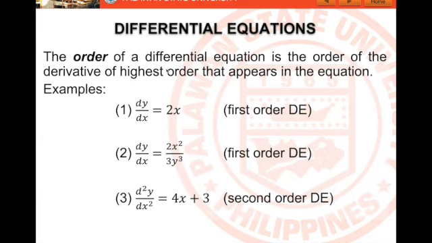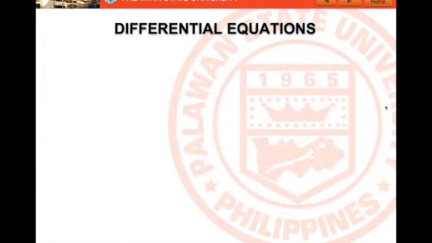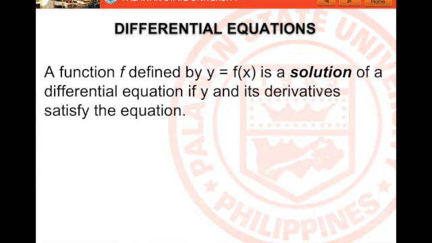So the order of a DE is just the highest order derivative that occurs in the equation. A function f, defined by y equals f of x, a function of x, is a solution of a differential equation if y and its derivatives satisfy the equation.